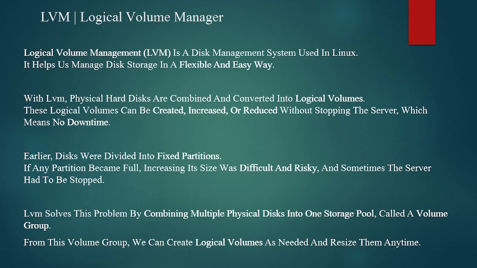Why? Because this is a standard file system, and in that standard file system there are some limitations. One limitation we saw is that in the XFS file system, we cannot reduce the LVM. This is the main difference between ext4 and XFS while using LVM.